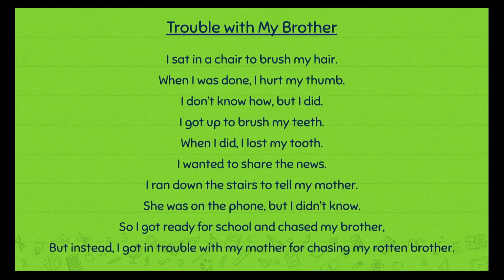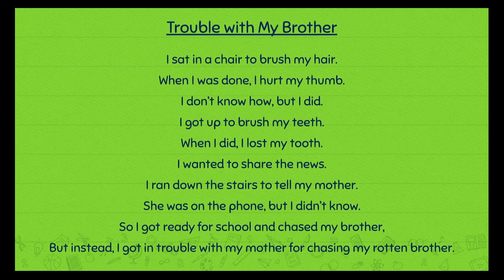The poem is called Trouble with My Brother. Listen carefully for the digraphs. I sat in a chair to brush my hair. When I was done, I hurt my thumb. I don't know how, but I did. I got up to brush my teeth. When I did, I lost my tooth.